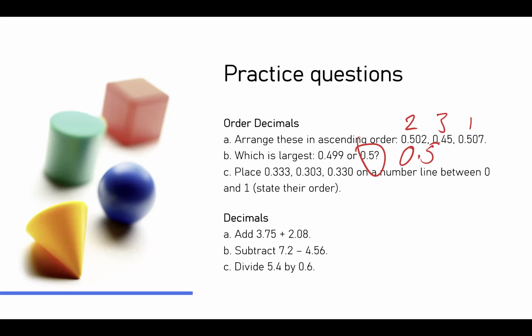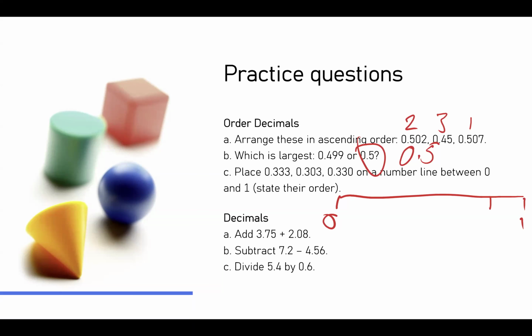Place 0.33, 0.303, 0.330 on the number line between 0 and 1. We have to work out what the greatest is. So the number line will look like this, 0 and 1 would be there. So the greatest here is 0.333. As we know, if we ignore the 0 for now, 333 is bigger than 303 and 330.